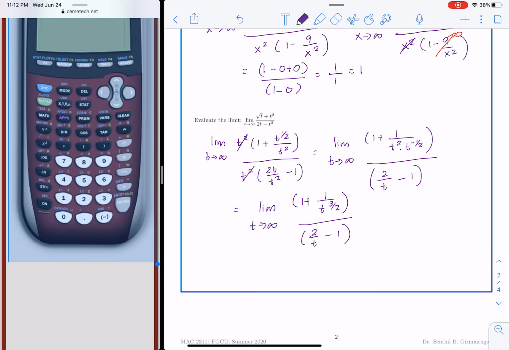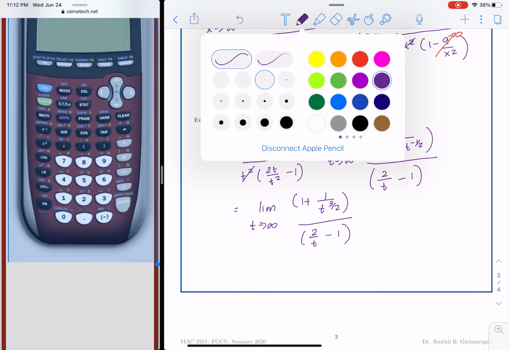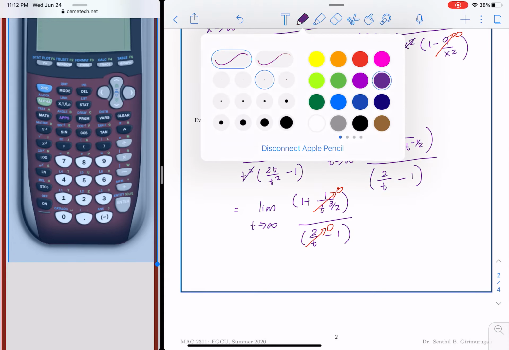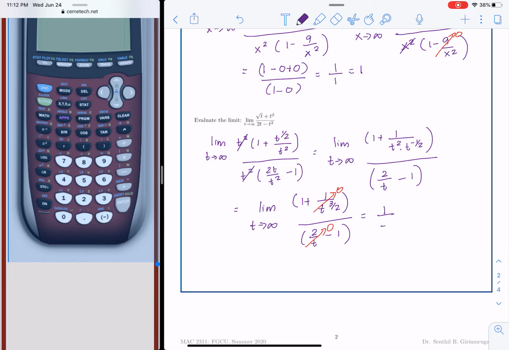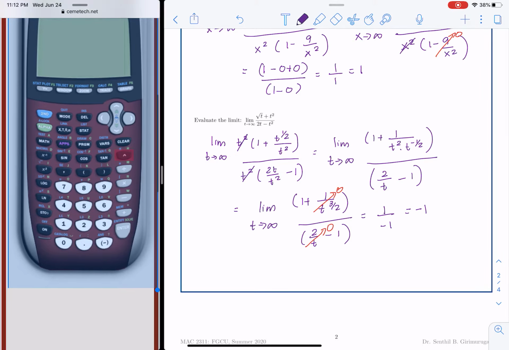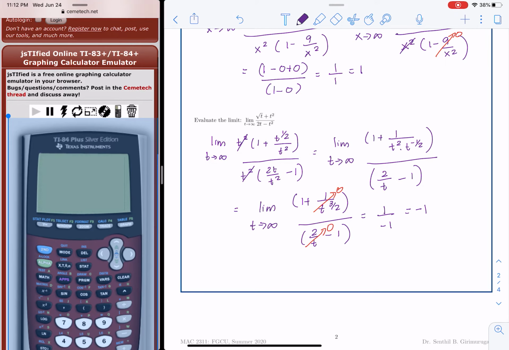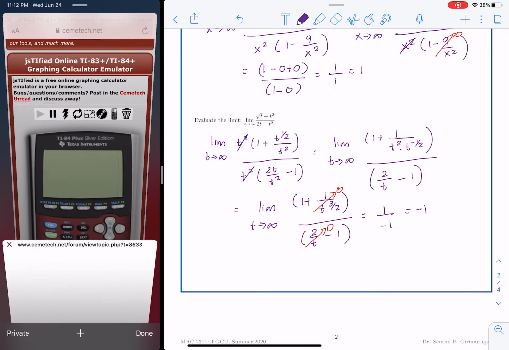So since t is getting larger and larger, 1 divided by a large number is going to go toward 0. And we have 2 divided by a large number as t goes to infinity, so that would become 0. So the limit is simply 1 over negative 1. We end up getting negative 1. You could always verify your answer with the help of a calculator.